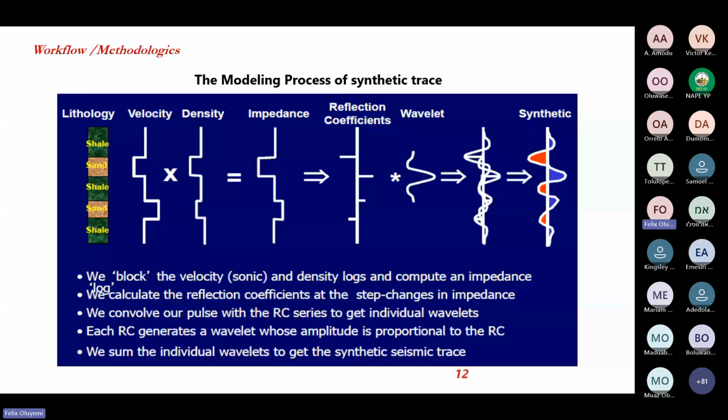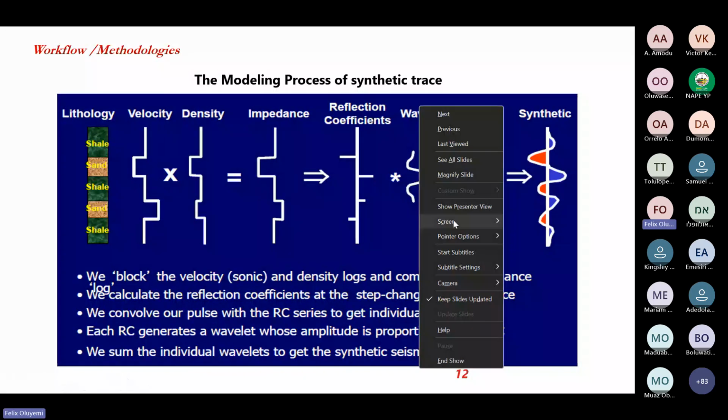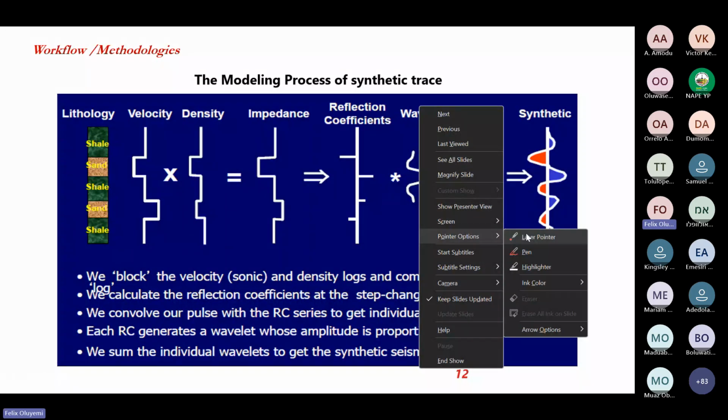Now, from acoustic impedance going to the reflection coefficient, if you are transiting from high acoustic impedance to low acoustic impedance, you are going to get a negative reflection coefficient. And that is where you have your mark going to the left. As I've told us, it is not necessarily from shale to sand, so let's note that.